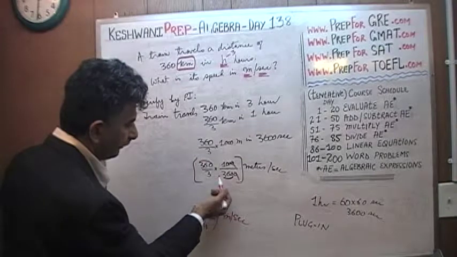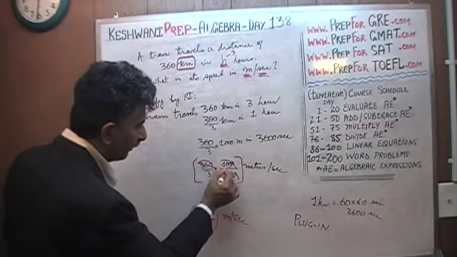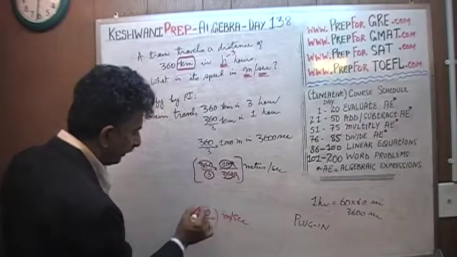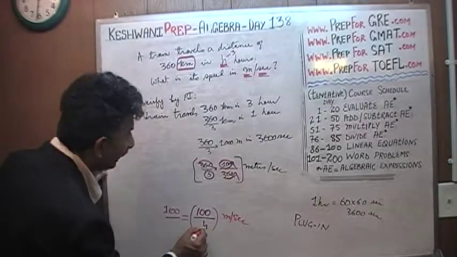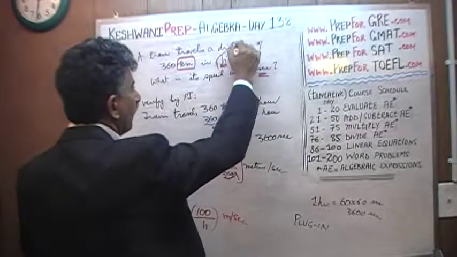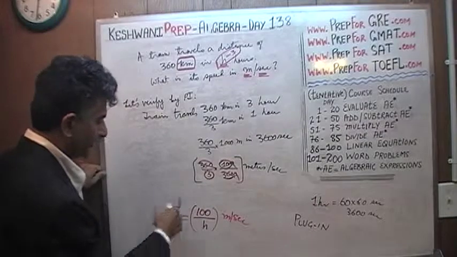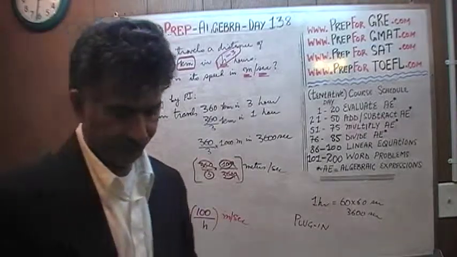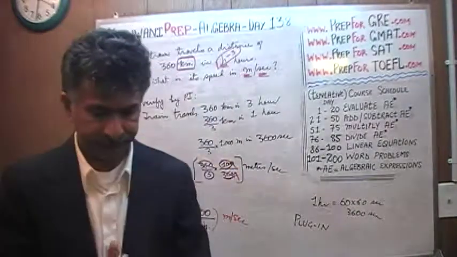Here we have 360, so they cancel each other out. And we are left with 100 over 3. 100 over 3, that is our h right here. 100 over h, voila. That is the right answer. What do you know? We got lucky.